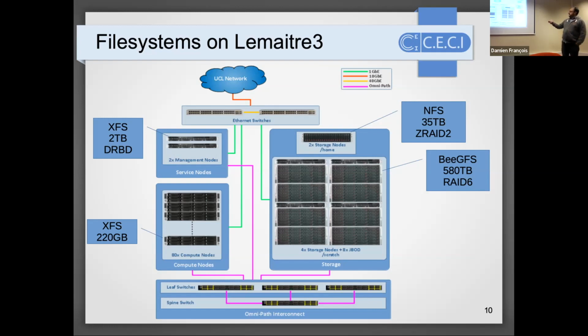We have an NFS server, actually a pair of NFS servers, that offers a home file system to all the compute nodes. On the management node, we have an XFS file system, which is also available on the compute nodes. So every compute node has a local file system. It's an XFS file system. And so the whole solution of the cluster is built upon multiple types of file system.